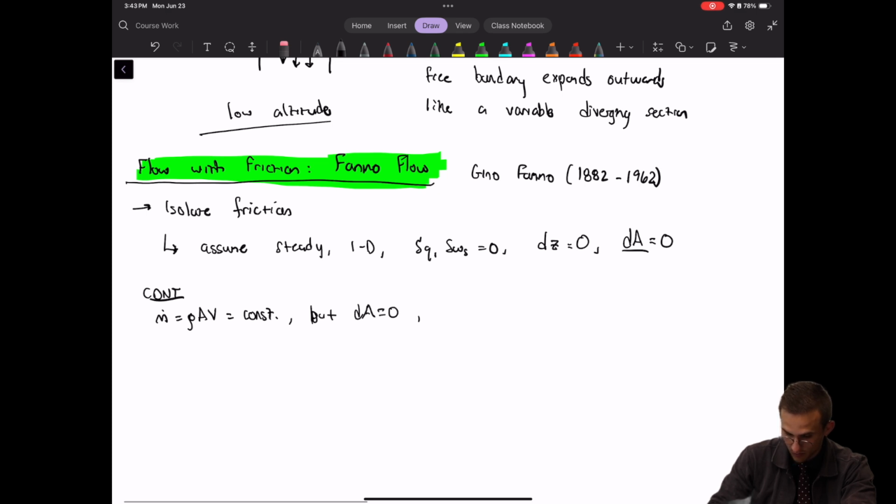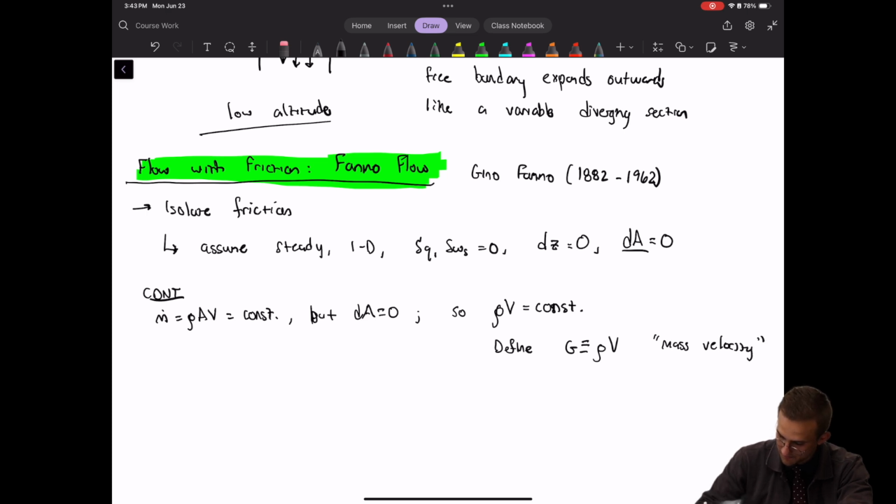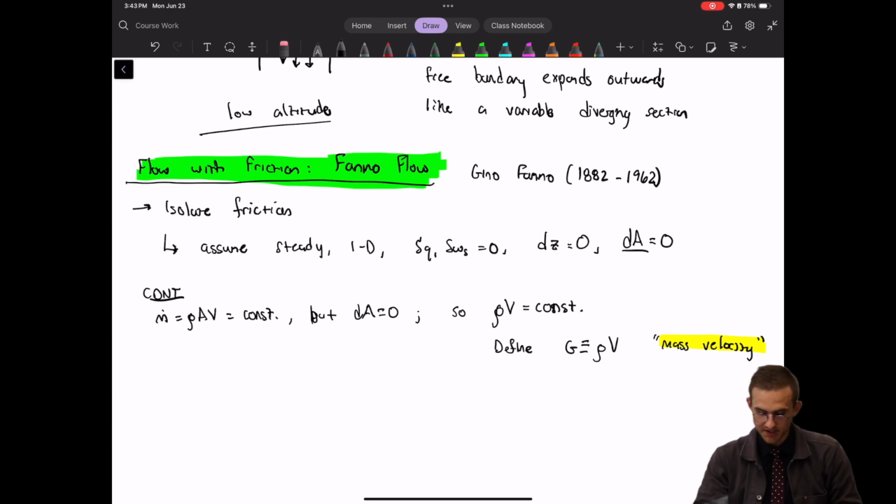So basically, rho times V is itself a constant. And what we do is we define G as rho times V, and we call this the mass velocity. Okay? So it becomes a useful quantity when you have a constant area of flow.